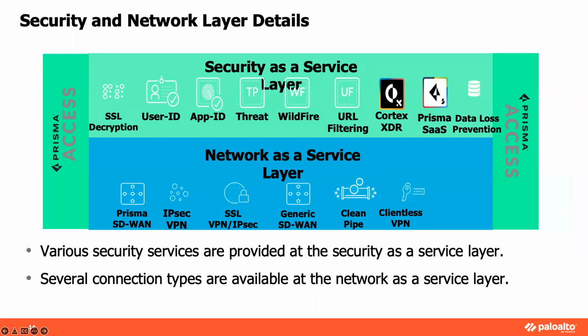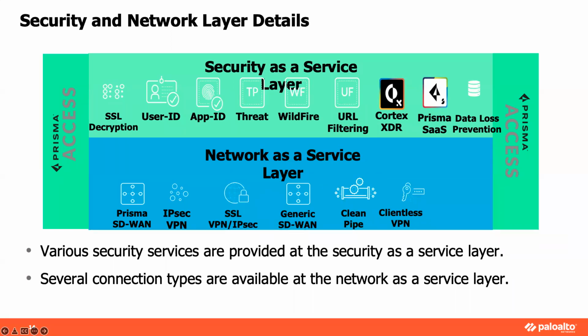So all the things you traditionally did with routers and your SD-WAN solutions and your switches and your IPsec VPNs and SSL and all that sort of stuff, you can now do as a service. You don't have to spend the money to implement this with hardware. You subscribe to it.